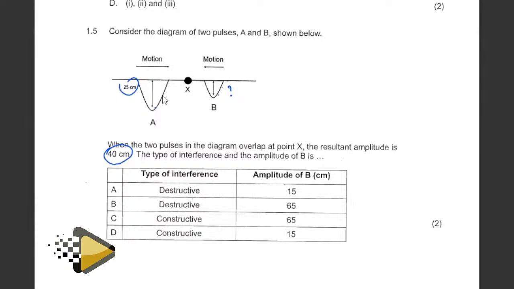But if this is a 25 with this amplitude and it's the biggest pulse, this is a shorter pulse, which is B. With a shorter one, I'm having 15 and 15. I would have gone for A, which is the destructive, since the directions are different.